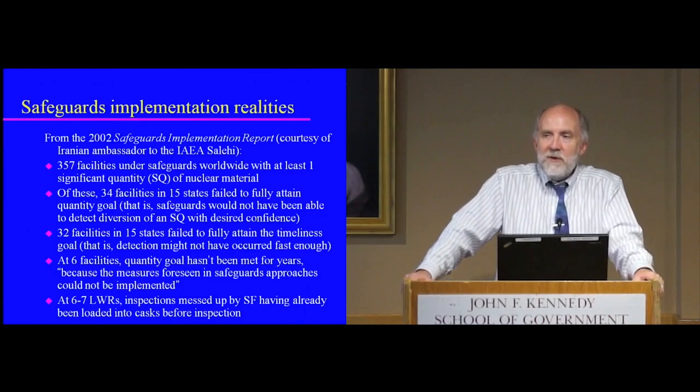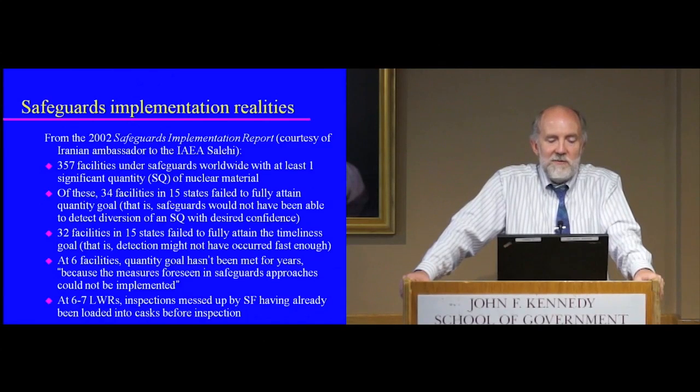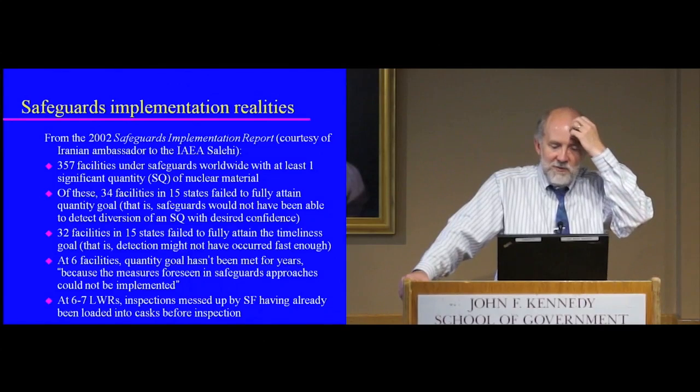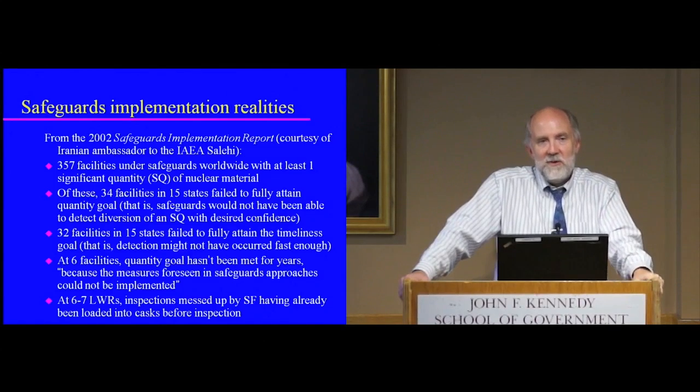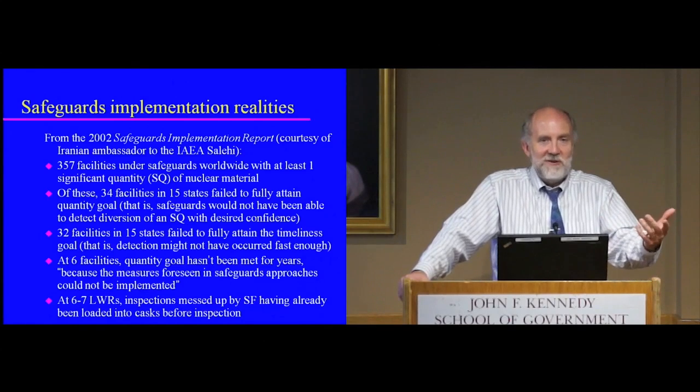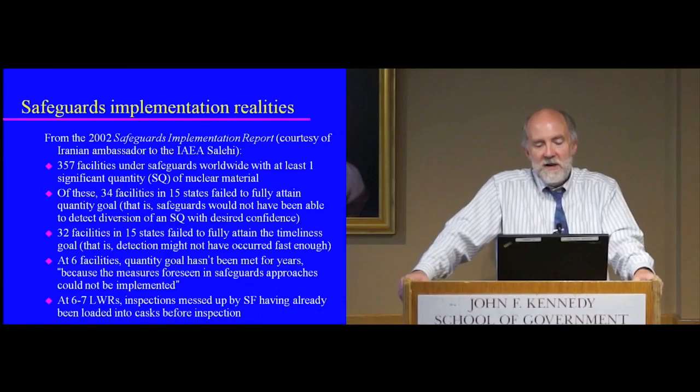So the reality is implementation of something like this all over the world is never perfect. This is from the 2002 Safeguards Implementation Report. Unfortunately, these safeguards implementation reports are not routinely made public. This one happened to be made public, or at least some of the facts from it, by the Iranian ambassador to the IAEA, making the point that Iran is not the only country that has issues.